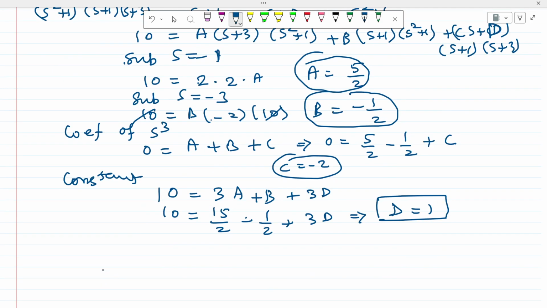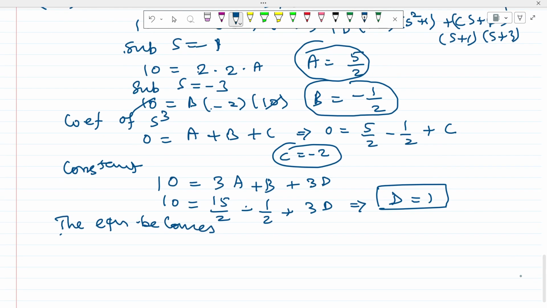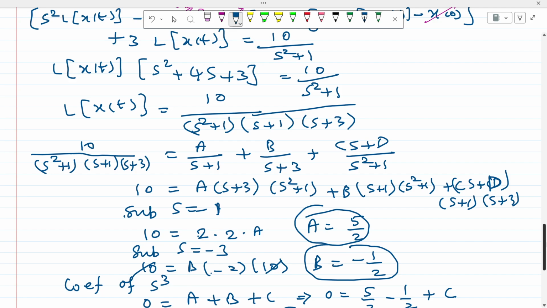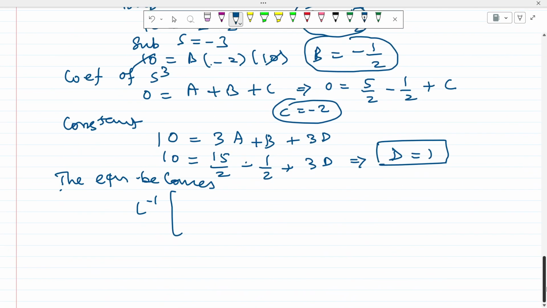D equal to 1. Then the equation becomes L inverse of, what? First value, a is 5 by 2 now, 5 by 2 by s plus 1.